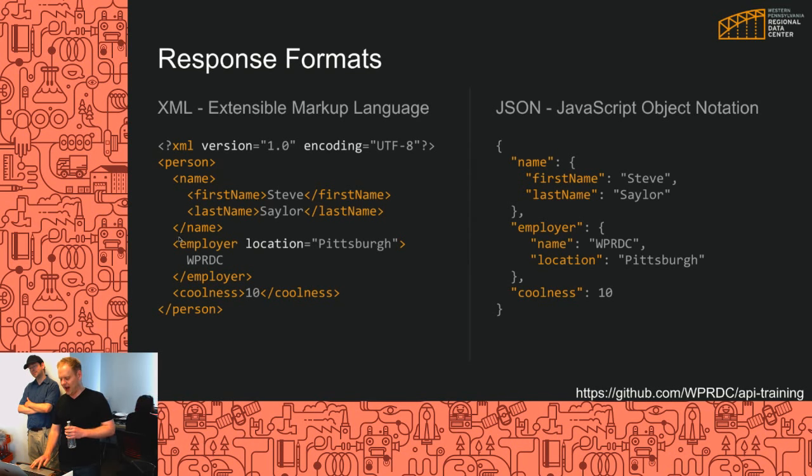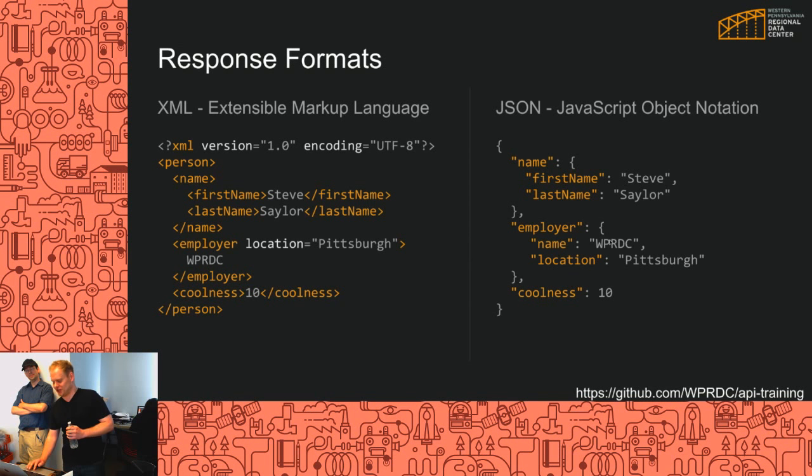And then this JSON object over here represents the same data. So as far as a computer's concerned, as long as it knows how to read each of these, it would think about these both the same. So you can see, in these 2 curly brackets is the whole person. The name, first name being Steve, last name being Sailor, is this object in the curly brackets. The employer is this part in the curly brackets, name WPRDC.